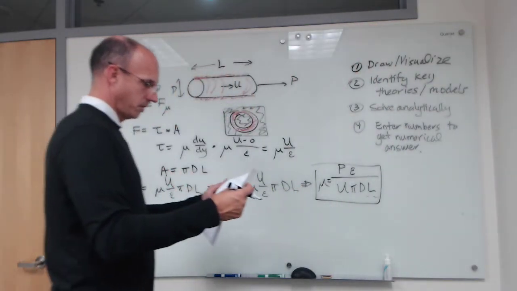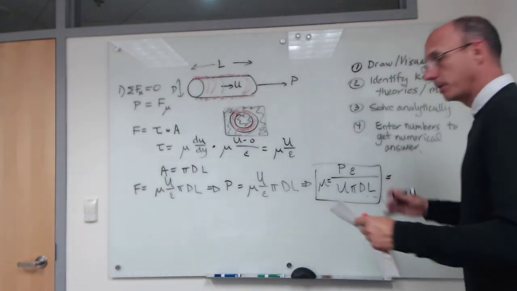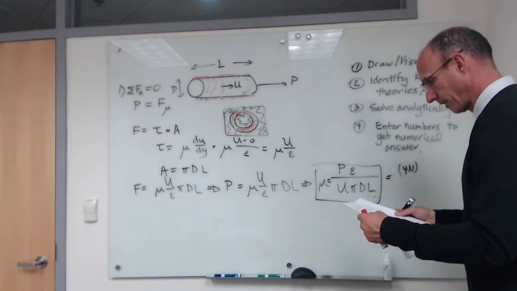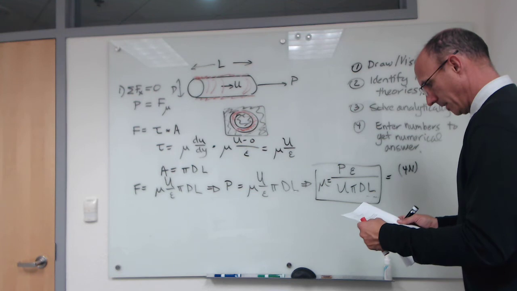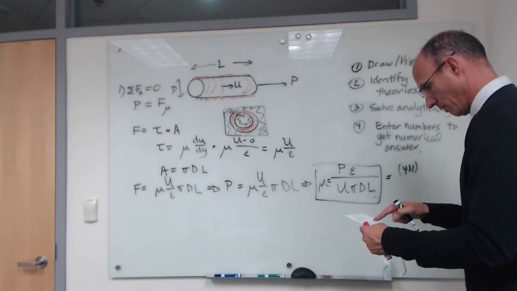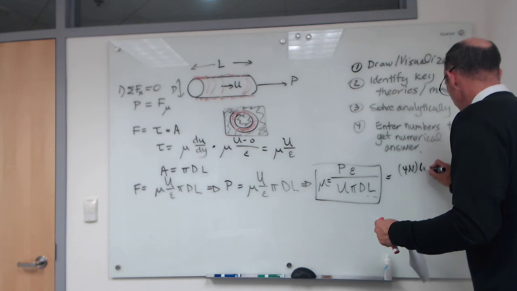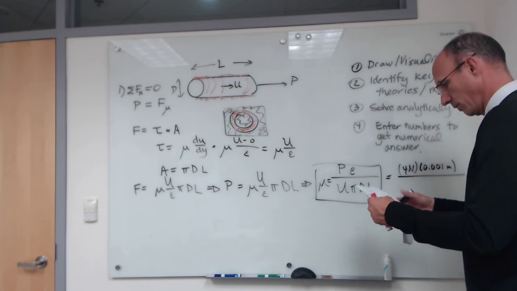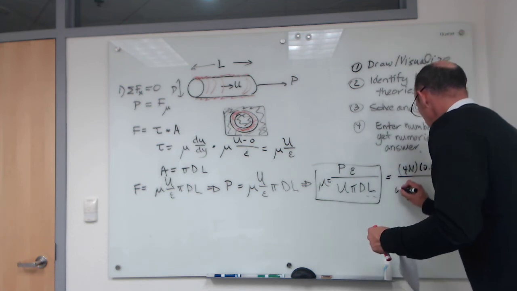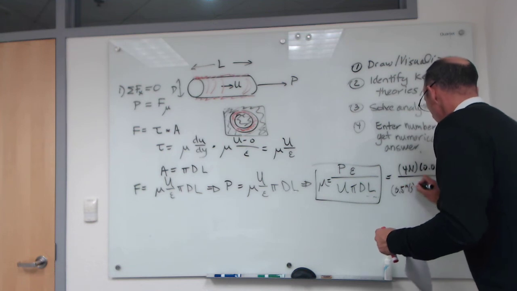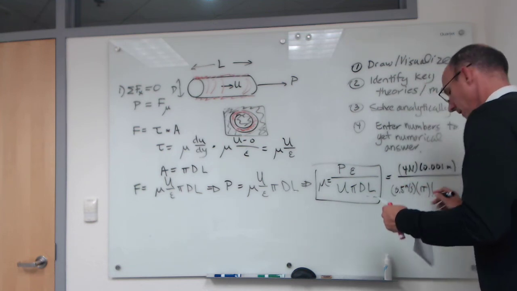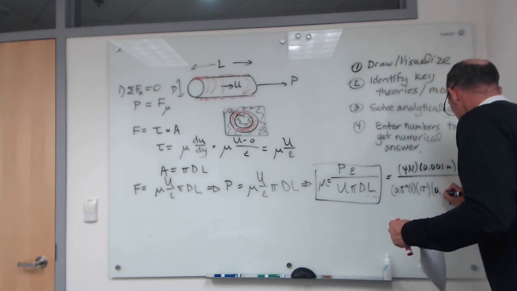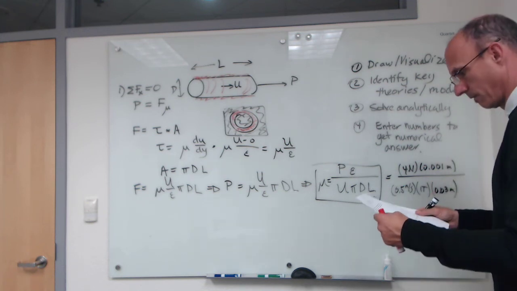Okay, so now I need to put in numbers. So I'm going to use SI units. P is 4 newtons. Epsilon is equal to 1 millimeter, so I have 0.001 meters. U is given as 0.5 meters per second. I have pi. D is given as 30 millimeters, so that's 3 centimeters, so that's 0.03 meters.